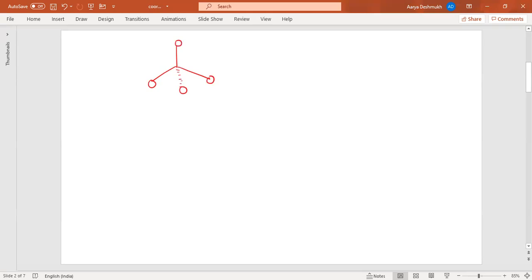Now this can be cut through this plane, and you get two equal halves of the molecule, and those are mirror images of each other, meaning they are superimposable mirror images.